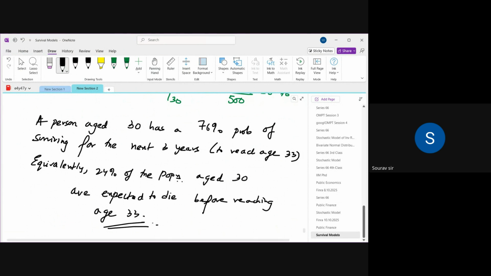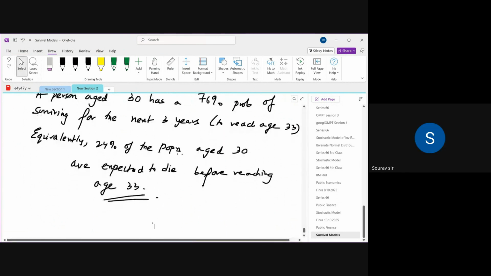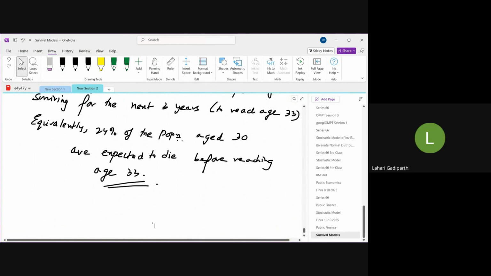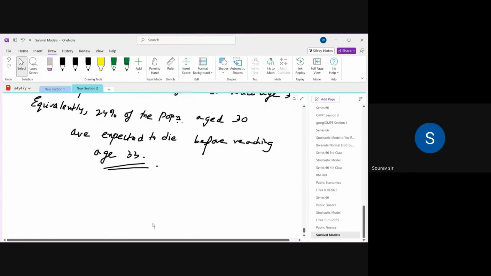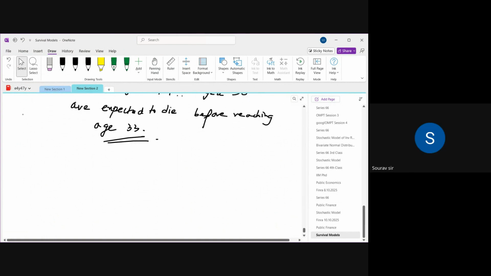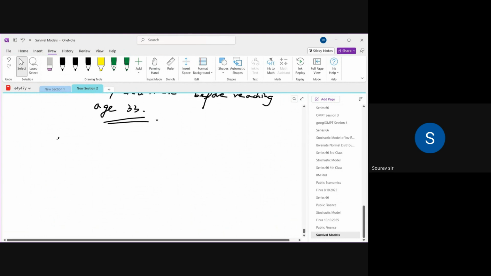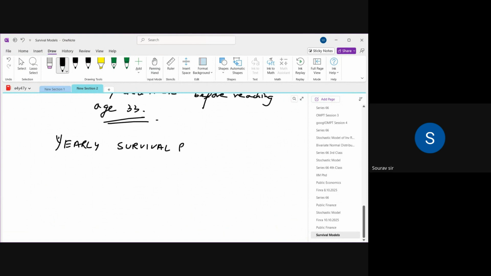We can do this with survival probability also. We can check this with the yearly survival probability.